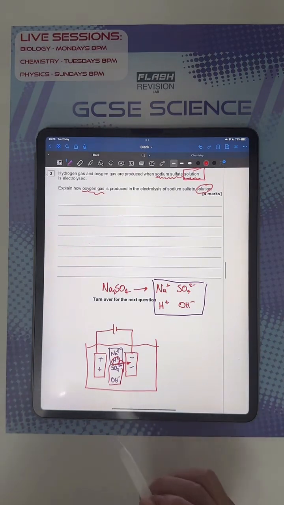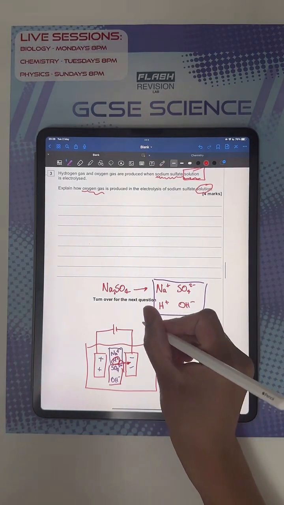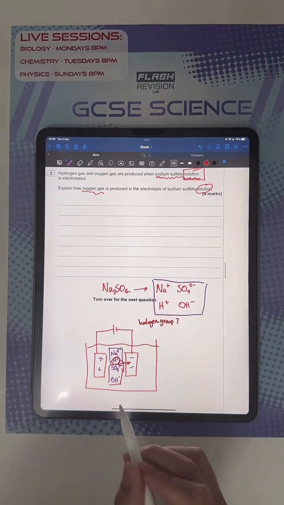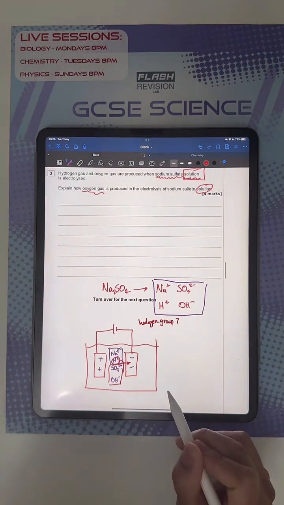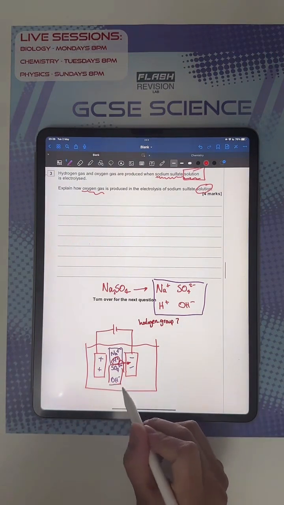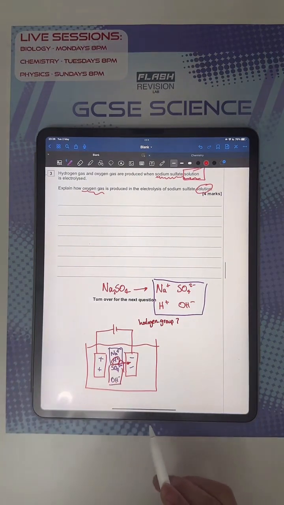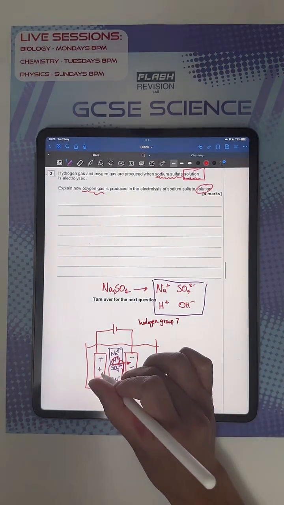If there's a halogen present, halogen means group 7, the halogen will go. If the halogen is not present, then OH minus will go. So here, do we have a halogen in SO4 2 minus? No, we don't. So that means the OH minus will go.